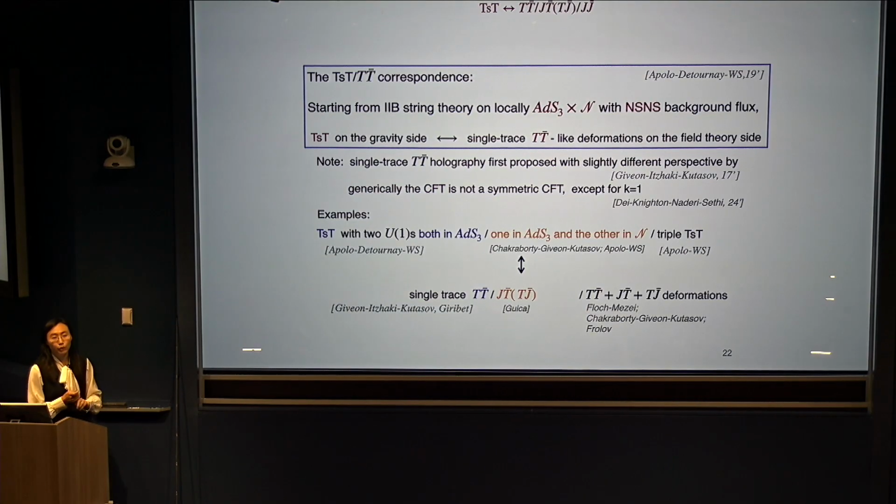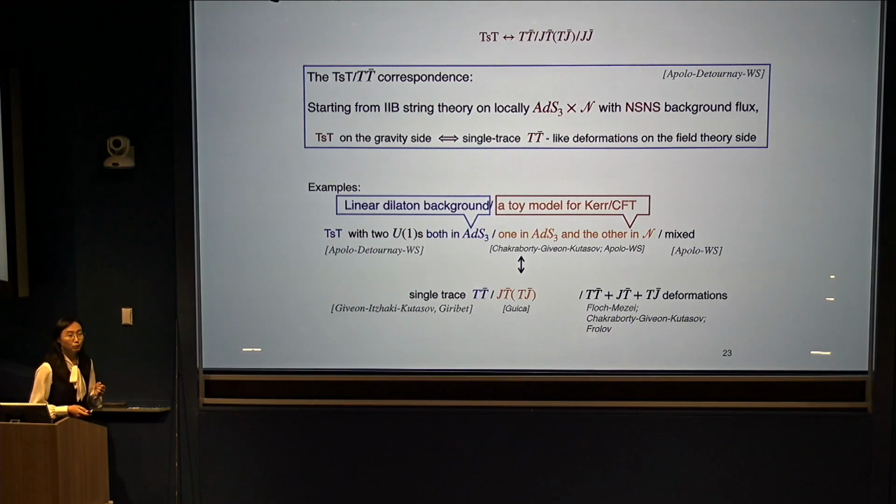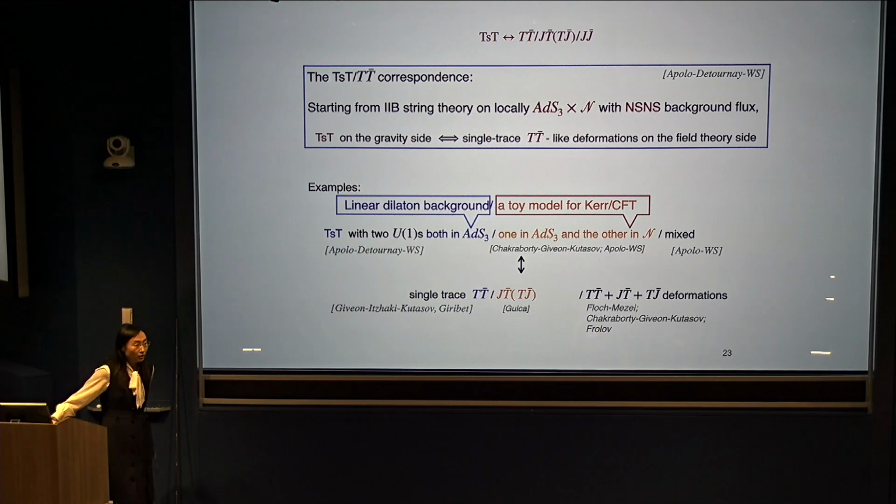Alternatively, if we choose to do TsT along one null direction in AdS₃ and another direction in, say, S3 or T4, then in the bulk, the three-dimensional part, we will get the so-called warped AdS spacetime. And this is closely related to Kerr/CFT.